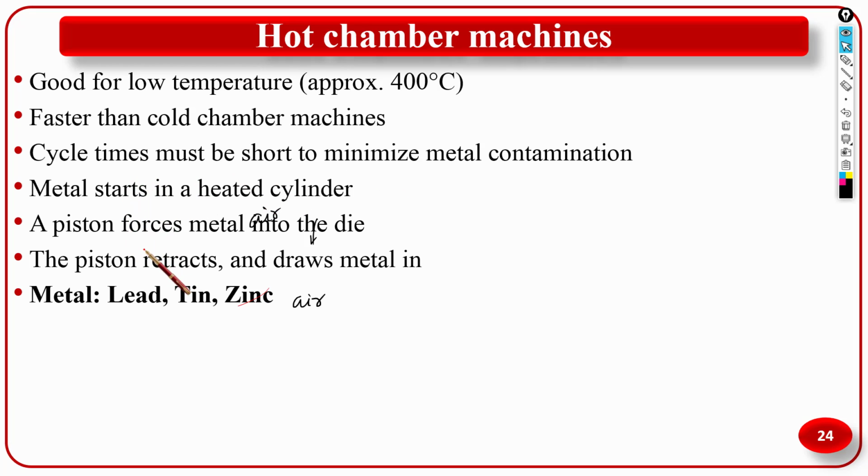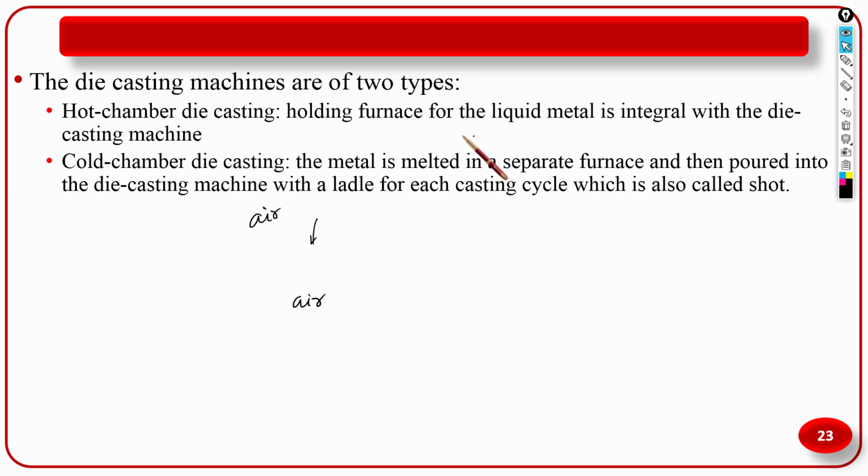Okay, so as we have seen here, in hot chamber die cast the holding furnace for the liquid metal is integral with the die casting machine. That means the chamber which is holding the molten metal is included in the whole die casting system. Here the metal is melted and heated in the storage, and the passage system is there itself.